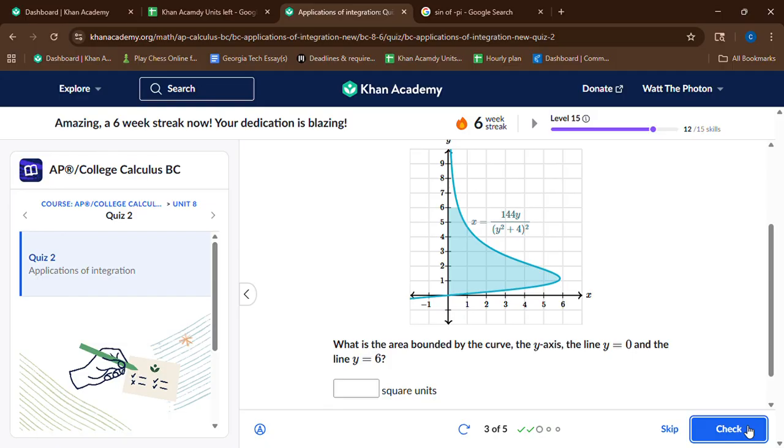So the integral with respect to y from 6 to 0 of 144y over y squared plus 4, squared.